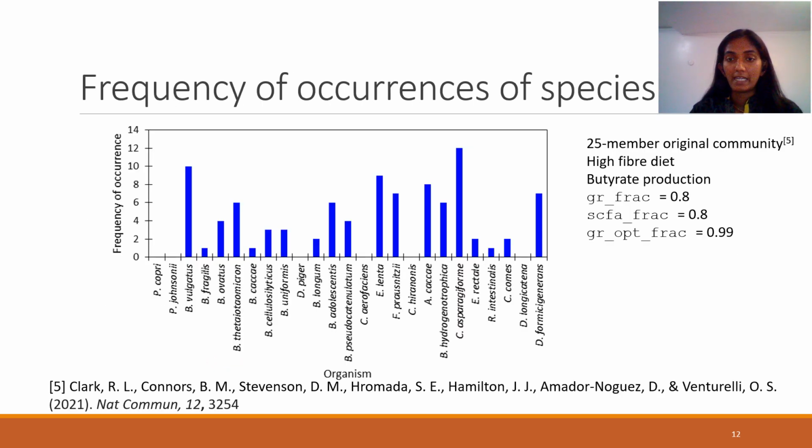Here is a result of analyzing a 25-member original community on high fiber diet for butyrate production on parameters as described here. We were able to identify 18 minimal microbiomes, and here is a plot of the frequency of occurrences of all the species present in the large community in the minimal microbiomes. We know that Bacteroides species are all capable of breaking down dietary fiber.